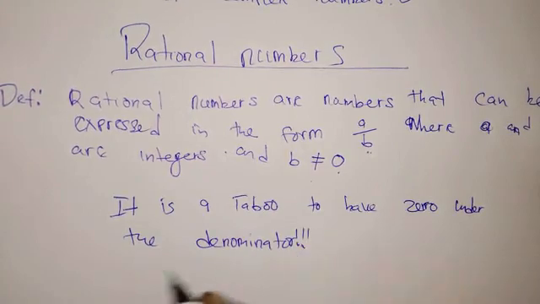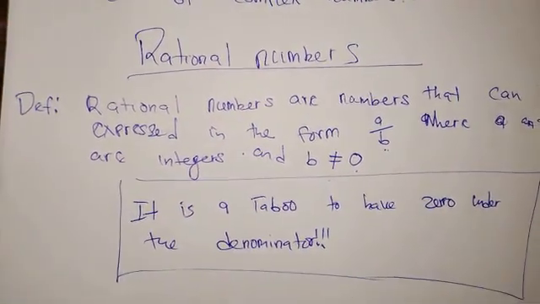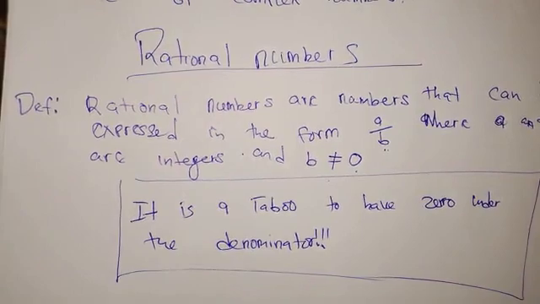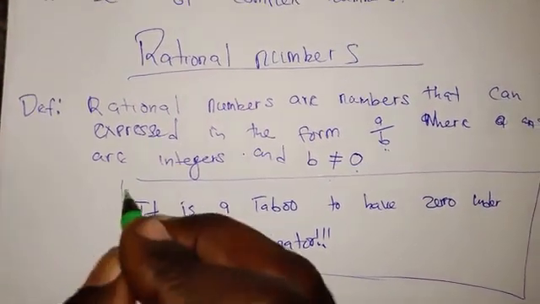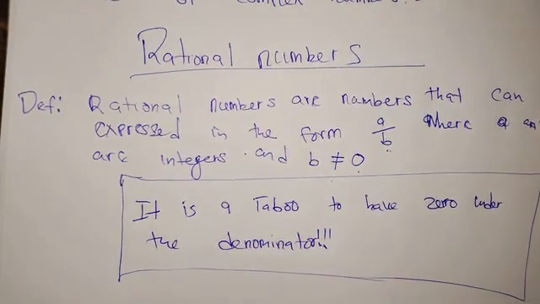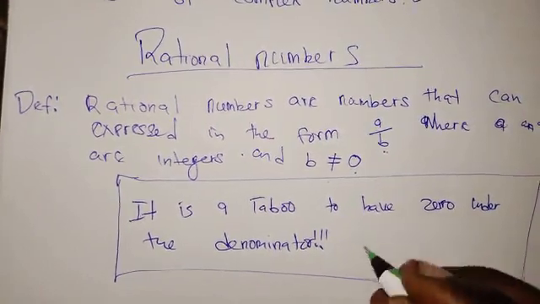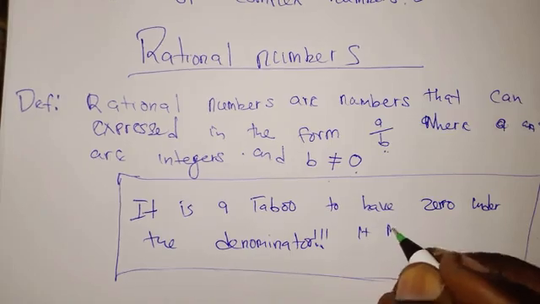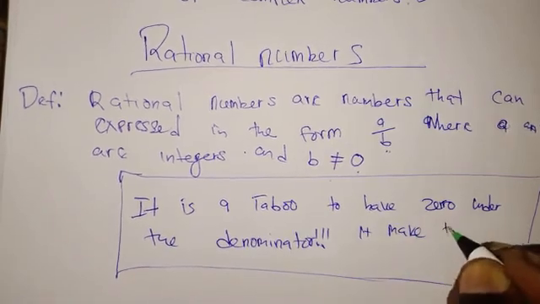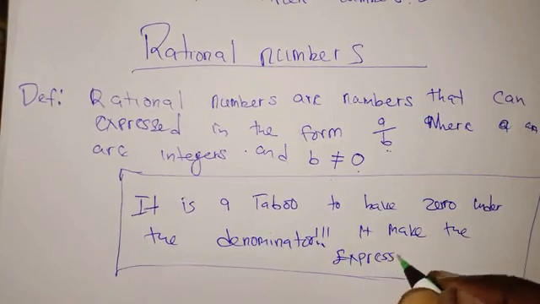If it was in a court case, you'd be detained for I don't know how many years. It is a crime. We can never write 0 under the denominator, because it makes the expression undefined.